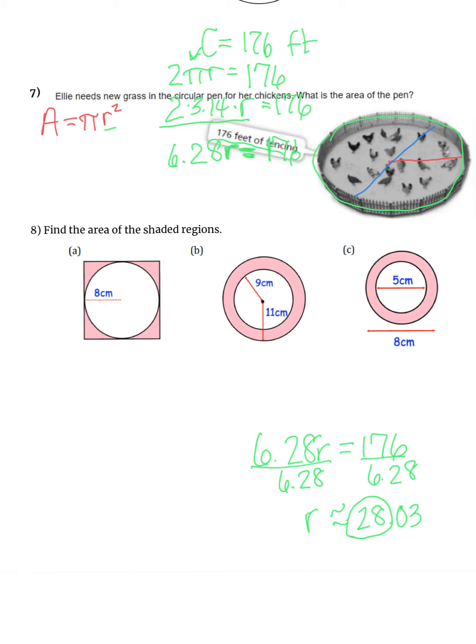So now that I have the radius from solving, I'm going to plug that into my area formula and do pi times 28 times 28, or 28 squared, and I would get 784 pi. Wow, it's big. So 784 pi is the exact answer, but remember this is a real life situation, so I'm going to use 3.14 for pi and multiply that out.